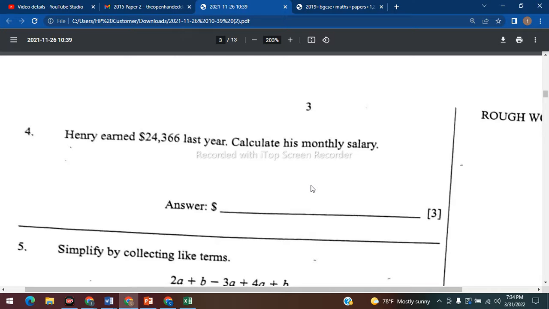His monthly salary. But we know how much he got in a year. It's divided by 12. And so what is that divided by 12?